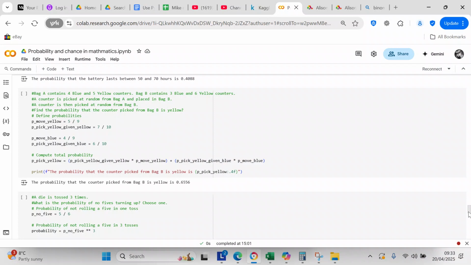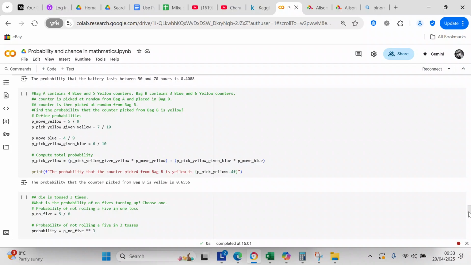So what we're going to do is define our probabilities. So P(move yellow) equals 5 divided by 9. And P(pick yellow given yellow) is 7 divided by 10. So you have P(move blue) equals 4 divided by 9. And P(pick yellow given blue) equals 6 divided by 10.